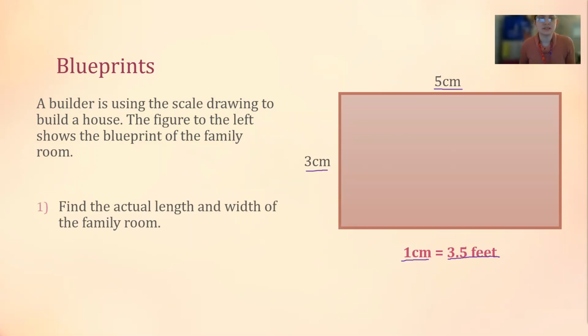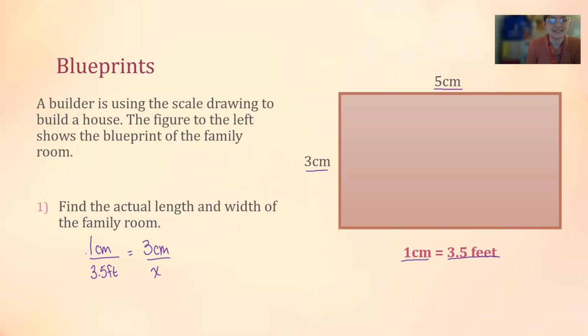Okay, so there's a couple of ways we can do this. The first is setting up a proportion. According to our scale, 1 centimeter is the same as 3.5 feet in real life. So for our width, we can see that is 3 centimeters. What would it be in real life? That's what we're being asked to find.